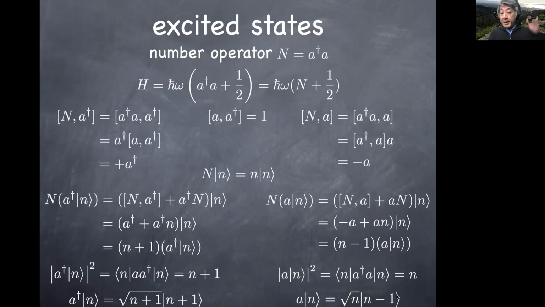So this is the way you can guarantee that the operator N remains positive semi-definite, as long as the eigenvalue of the N operator is integers only. So if you have n as an integer, you can keep lowering the eigenvalue n by acting the annihilation operator. But when you get to the 0 state, that's what we discussed in the previous slide, you cannot lower it any further.